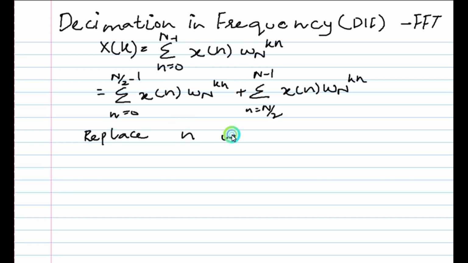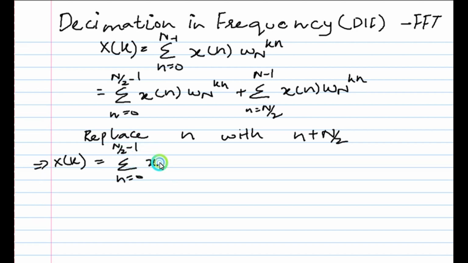So for this, I will replace n with n plus N by 2. Then this implies X of k will be equal to summation n running from 0 to N by 2 minus 1 of x of n W_N^{nk} plus summation.